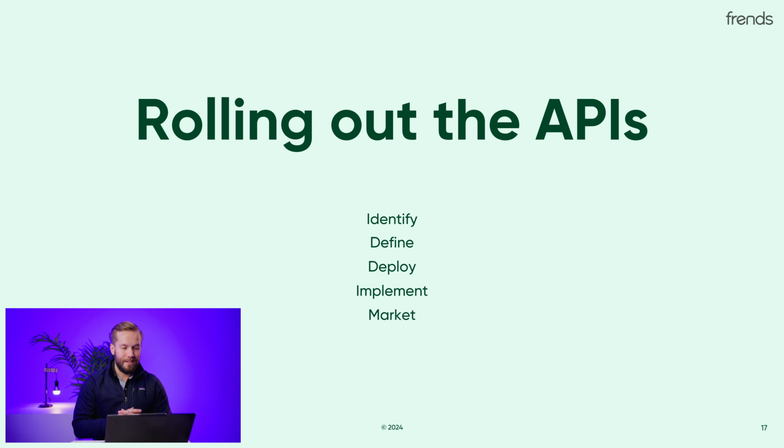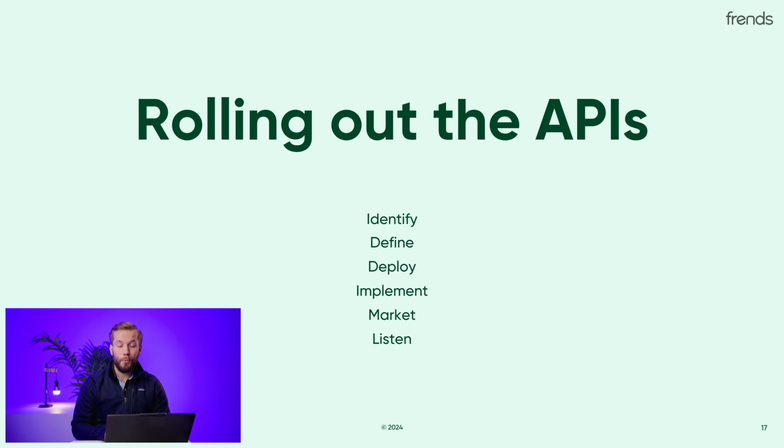So it doesn't do us any good if we have APIs, but nobody knows how to use them or when to use them. So let's market them. We can set up the API portal. We can even set up roadshows, and we just need to be loud. So make sure your internal stakeholders and external stakeholders know that you have APIs available.